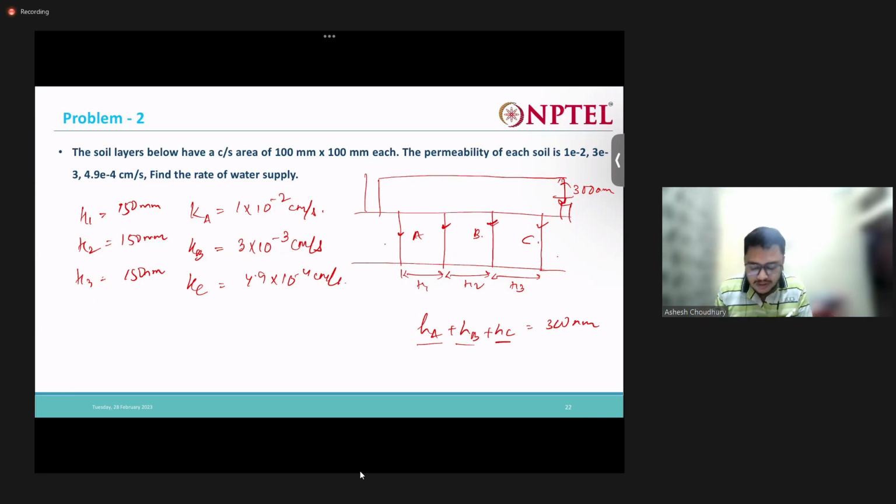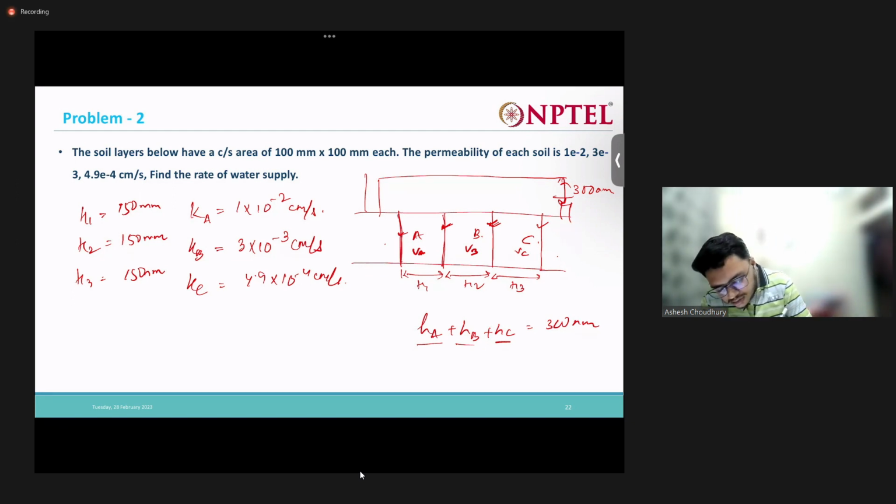Also, the flow will be the same in all, which means the velocity of flow will be the same from the equation of continuity, VA equals VB equals VC. The velocity of flow at this cross section should be equal to the velocity at this cross section, because I should follow the continuity principle, which is the law of conservation of mass.